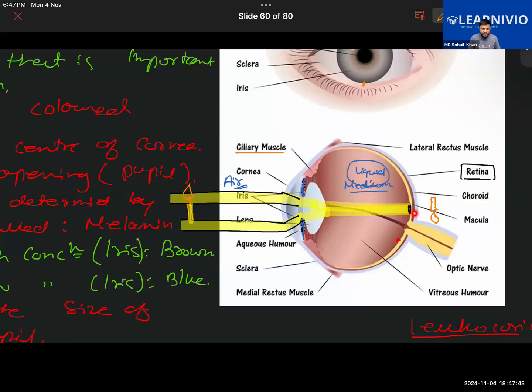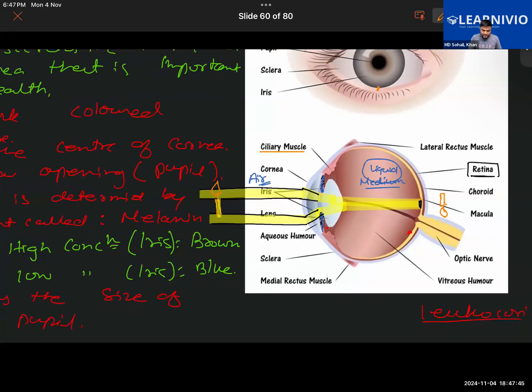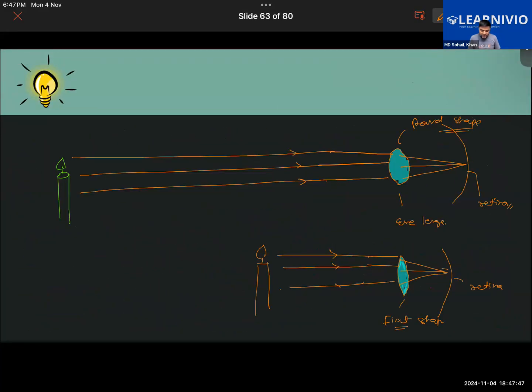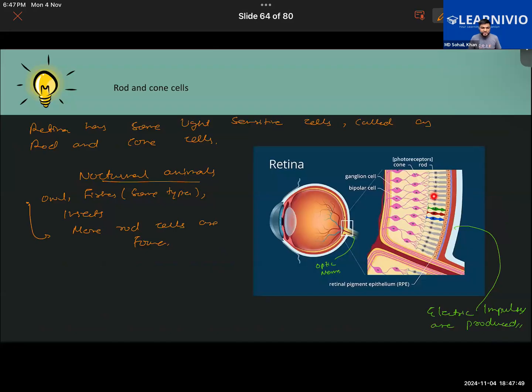Now further, what we learned is that the retina has a large number of light sensitive cells. These light sensitive cells will get activated, and they will generate electrical impulses. These electrical impulses will be sent to the brain via the optic nerve, and the brain will process these electrical signals in the form of an image.